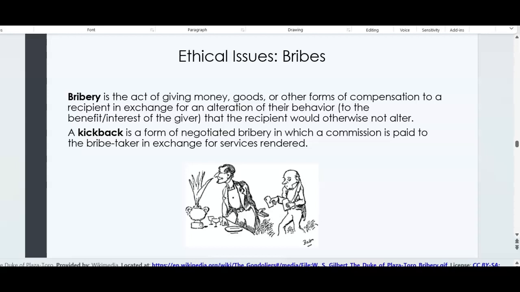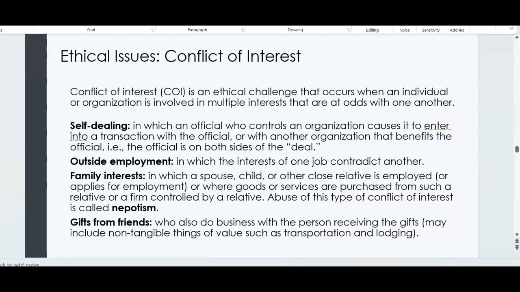Similar to a kickback might be, we'll just inflate the price of our item a little bit so that we've got some room to then pay that purchasing agent a little bit more for making the decision to choose our company over another. So bribery and kickbacks are pretty similar in nature.